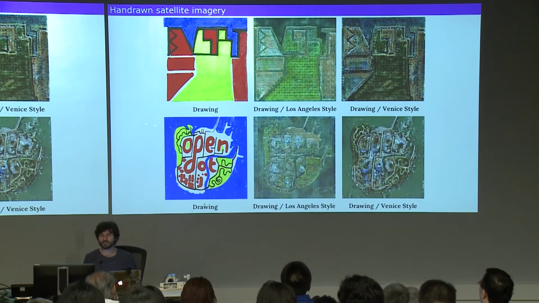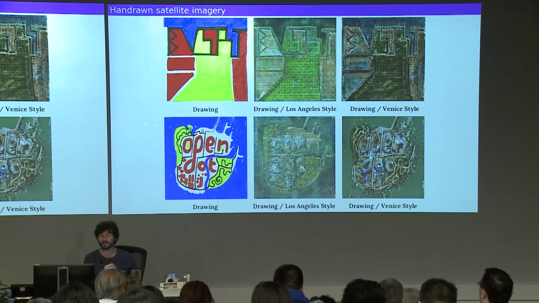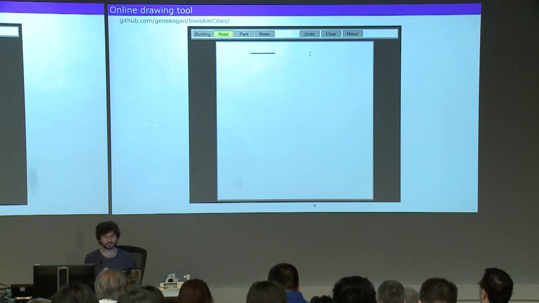Or just inputting hand drawings that you make. And it learned the relationship between the map tiles and the satellite imagery because I was able to compile a data set of several hundred examples. And that's all it needed, actually. It's trained to work with very few examples.